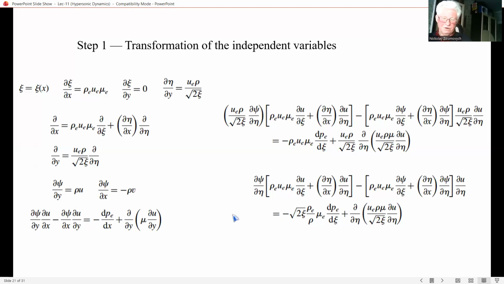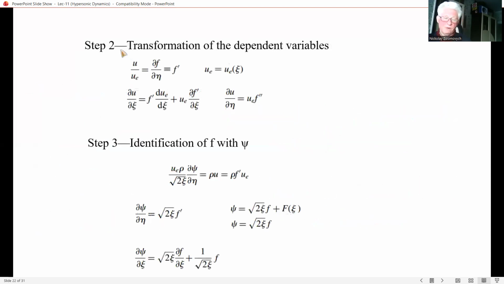And this equation is the end of our step 1, transformation of the independent variable. Namely, this equation represents the boundary layer x momentum equation in terms of the transformed independent variable.